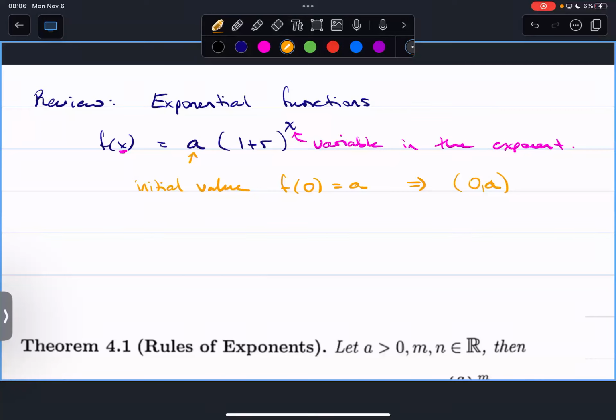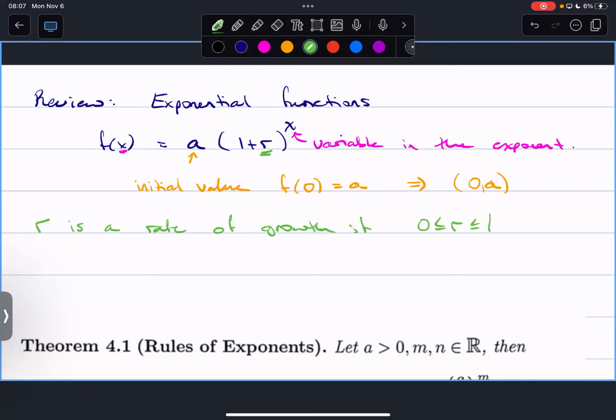R is the rate, right? R is a rate of growth if R is between 0 and 1.